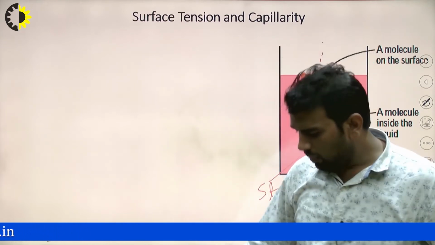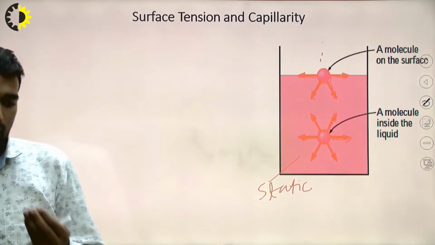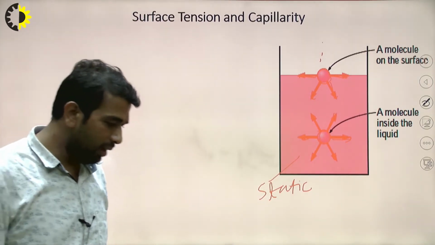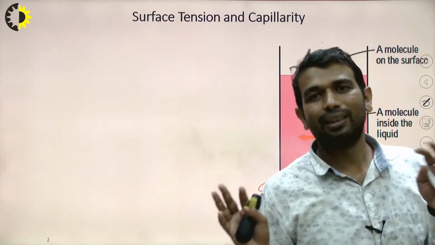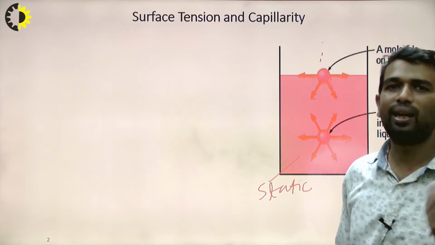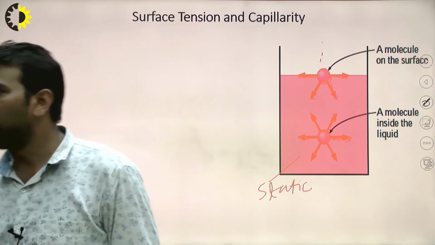So the surface tension phenomenon is simply because of the unbalanced force created on the surface when the cohesive force applies in particular directions, not in all directions with the same magnitude.